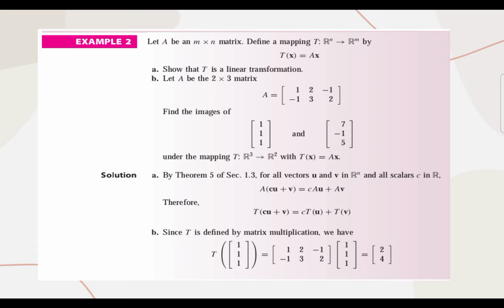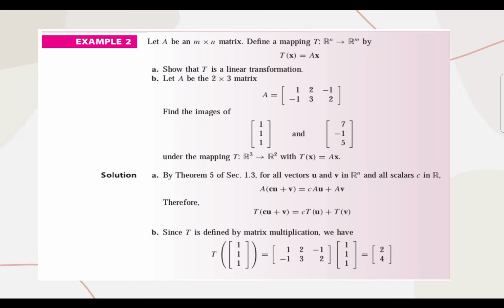Therefore, T(cu + v) = cT(u) + T(v). So, this satisfies the combined condition for linearity. Next, in letter B, finding the images.